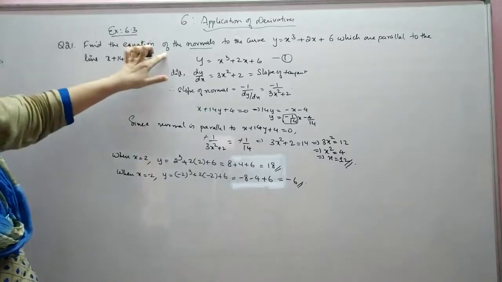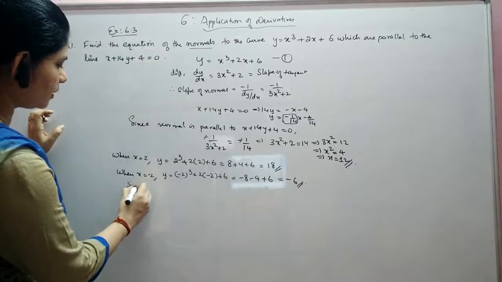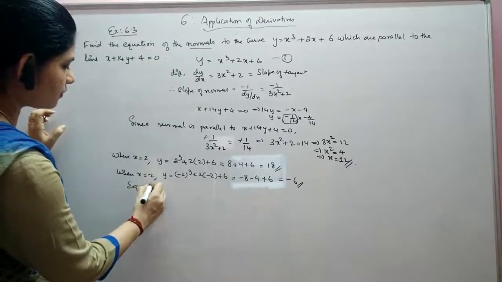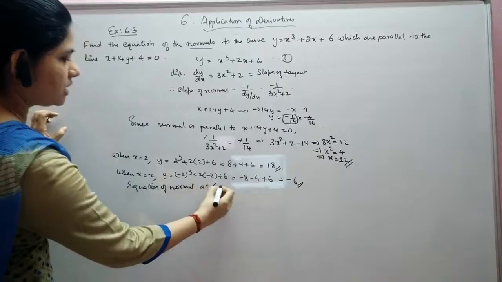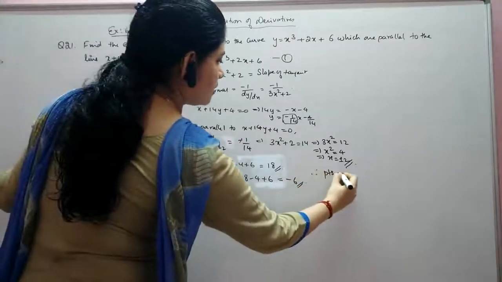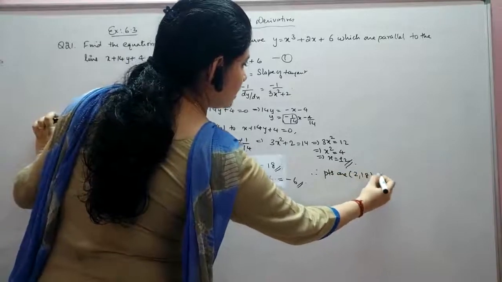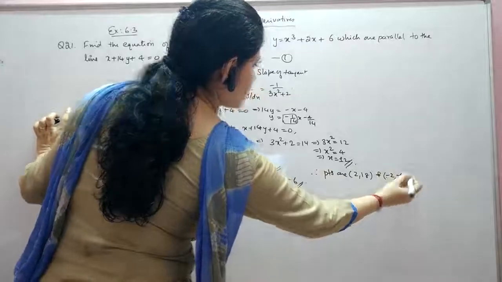Now we have to find the equation of the normal. Therefore, the equation of normal at the point (2, 18). So here the points are (2, 18) and (minus 2, minus 6).